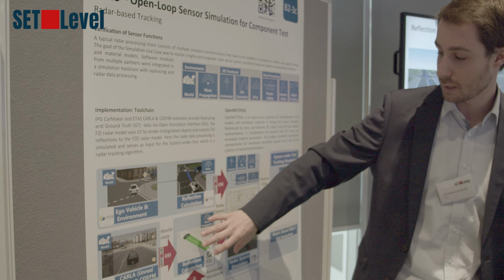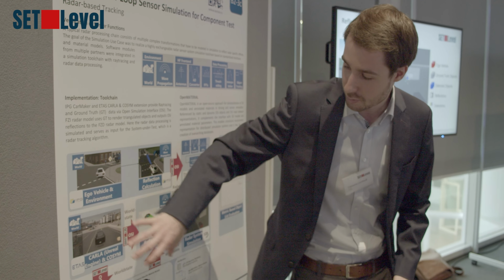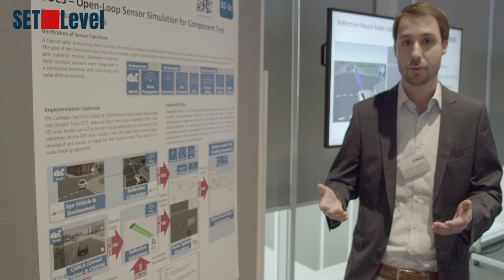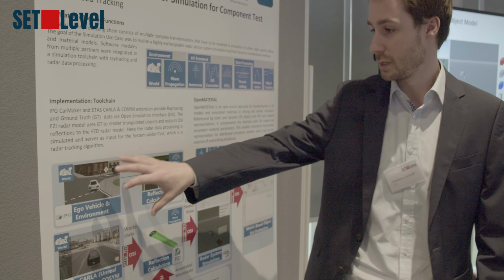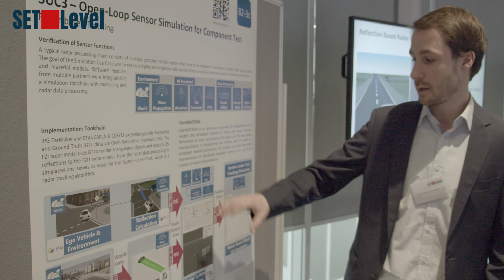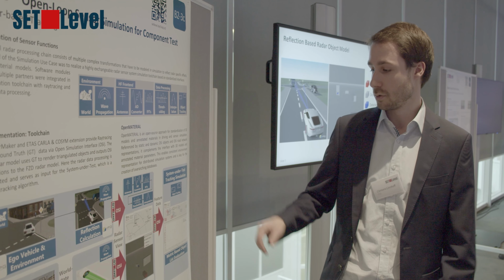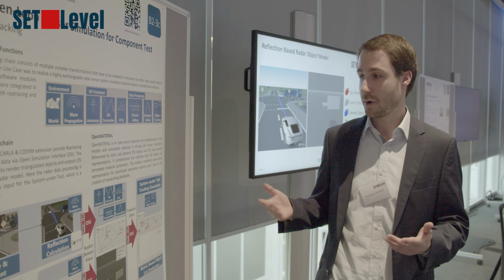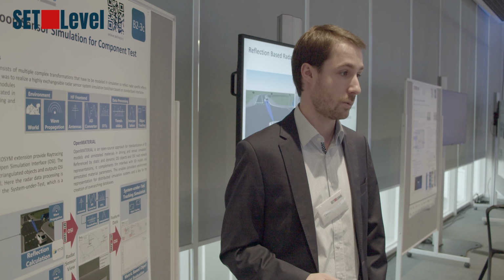We have a dedicated reflection calculation, which is all connected with Open Material, so we have the same material properties and the same environment simulation for these different threads, and this all comes together in a radar simulation leading to tracking as an example use case. Of course, you can think of other use cases to use this simulation.